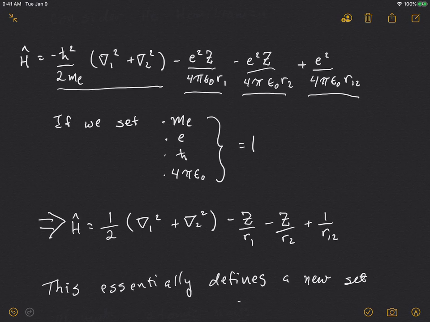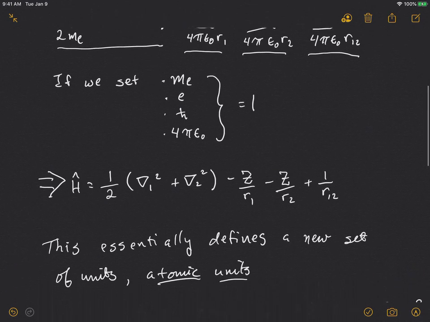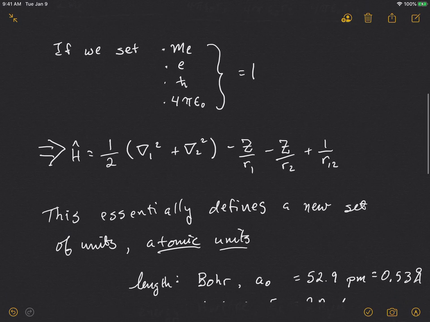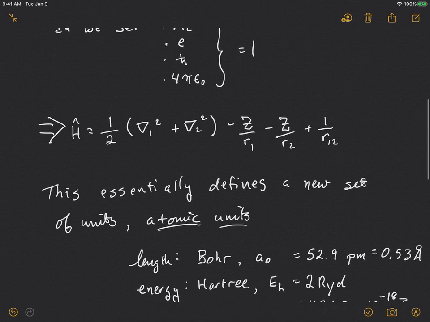But you might say, well, you can't just set constants equal to 1. Sure you can. Essentially what you end up doing is redefining the length scales and the energy scales and the time scales of this system. And so this essentially defines a new set of units that we call the atomic units. One of these units we've seen already is the Bohr radius.